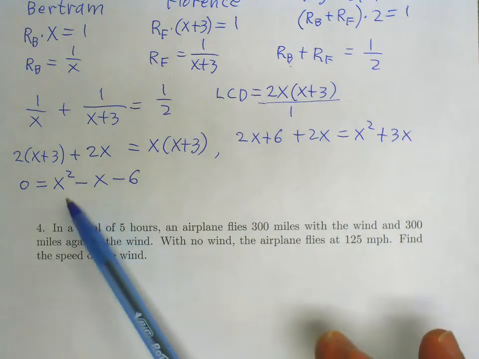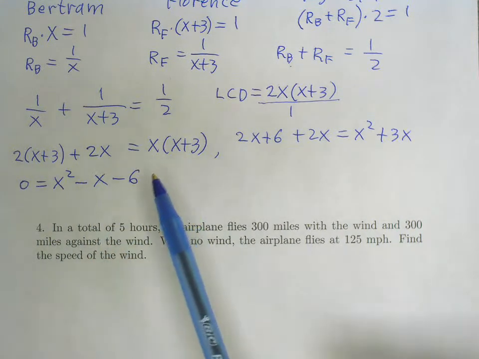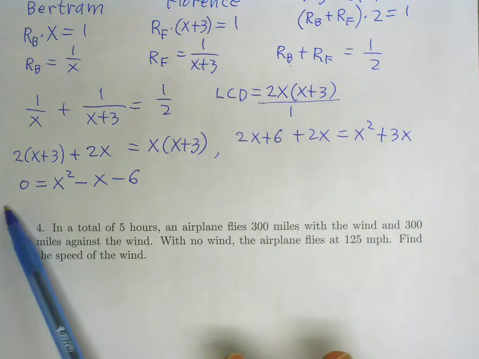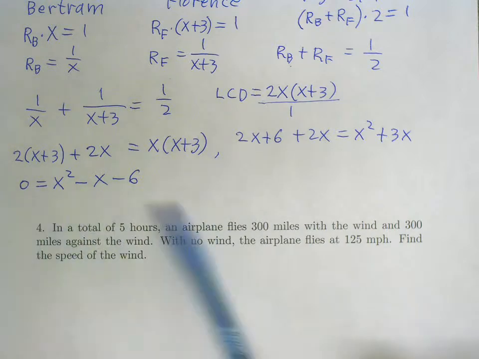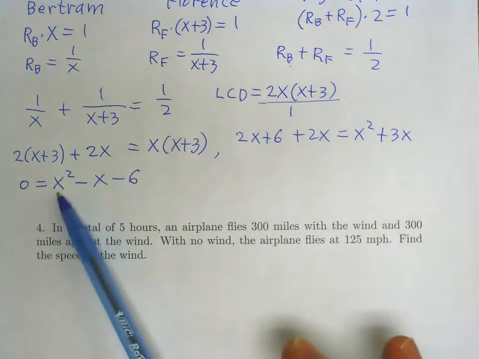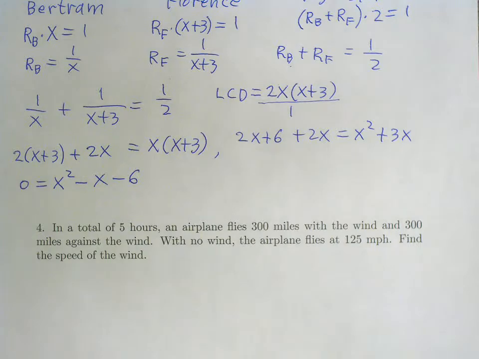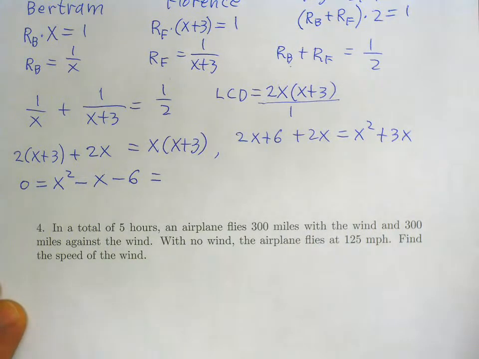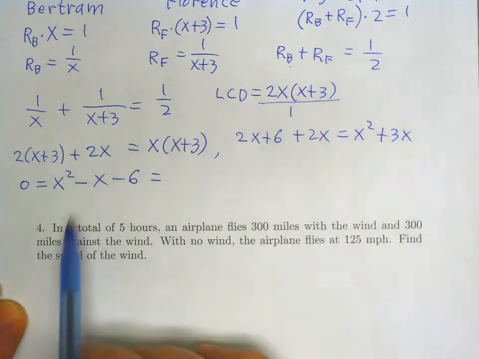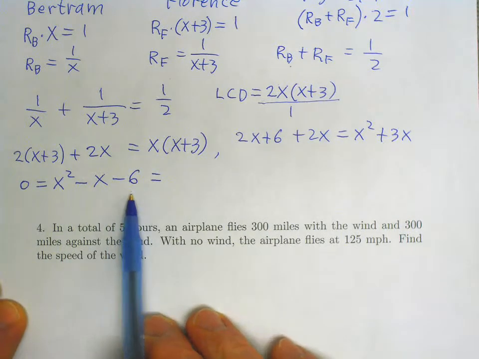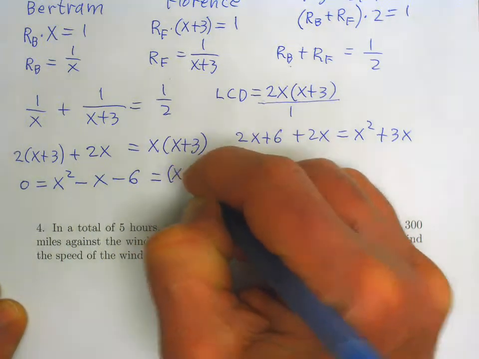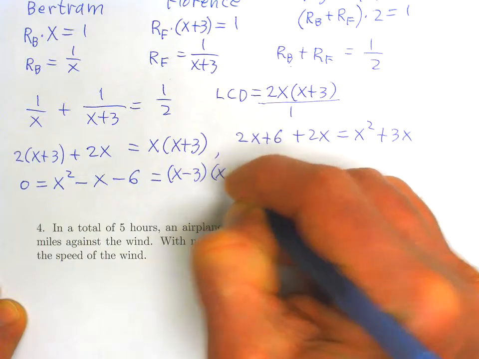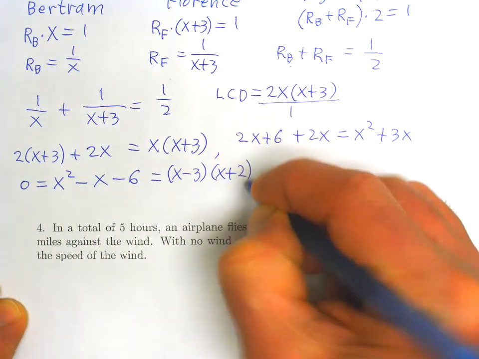This quadratic equation is now in standard form. So we can use the quadratic formula. We can use completing the square. But since this is easily factorable, we can also solve by factoring. So I'm going to solve this by factoring. One of the factors is X minus 3. The other factor is X plus 2.